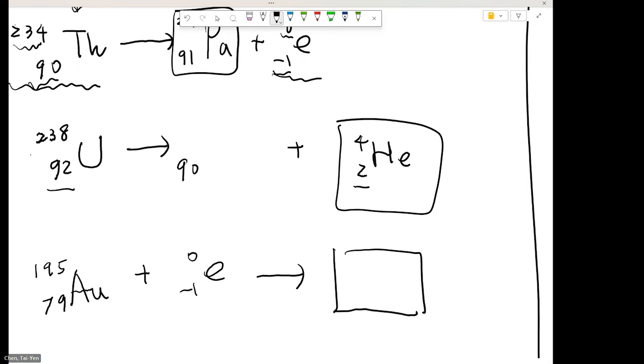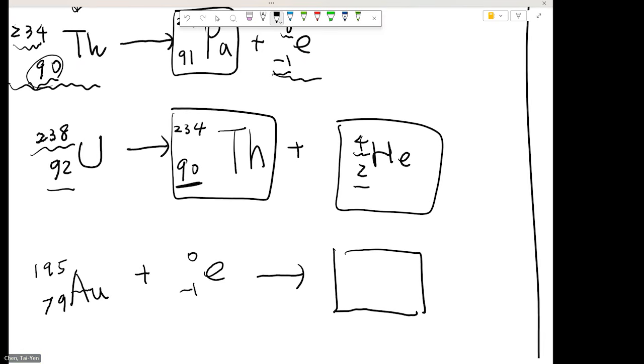For mass number, 238 minus 4, this should be 234. So proton number 90 will be Th. So this is the second example. Any questions so far? No? Okay, 2 more.